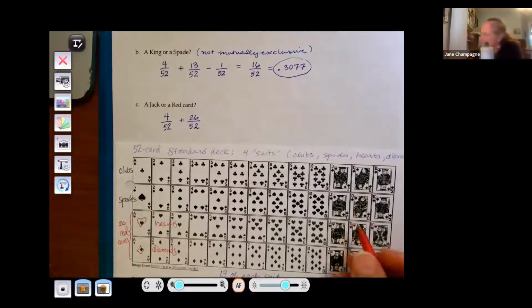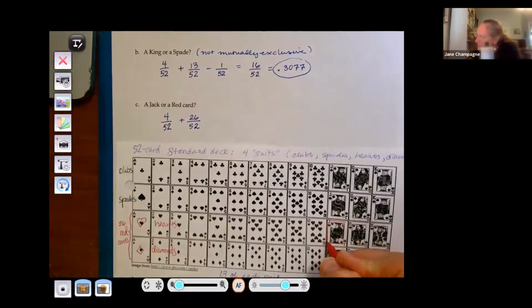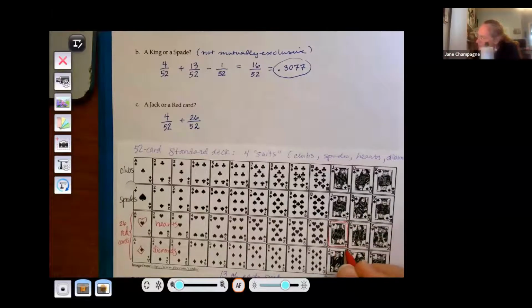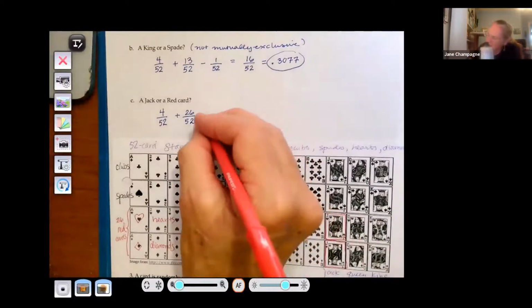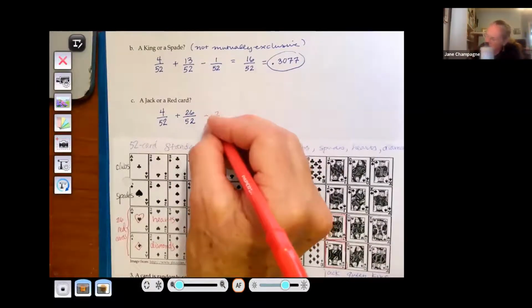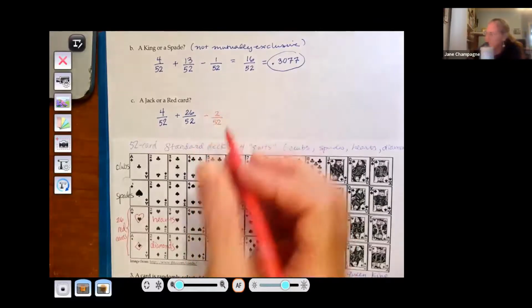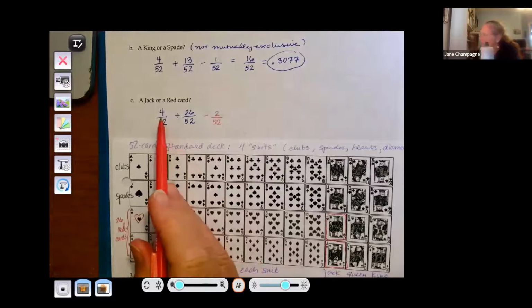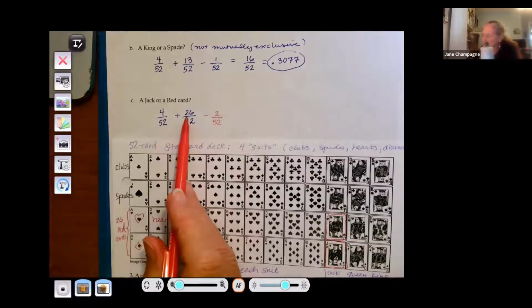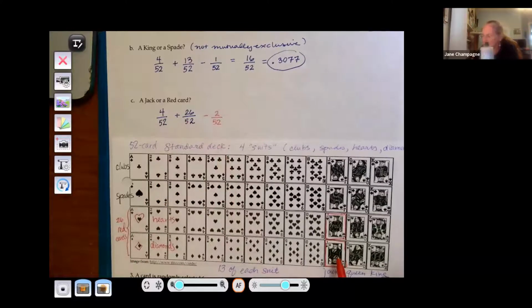And again, these are all the red cards here. That's a red card, that's a red card. And those are the 2 red jacks. So we need to subtract off 2 out of 52, because those 2 jacks are counted in the 4 jacks and in the 26 red cards. We don't want to count that twice.